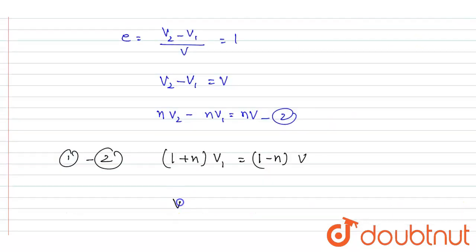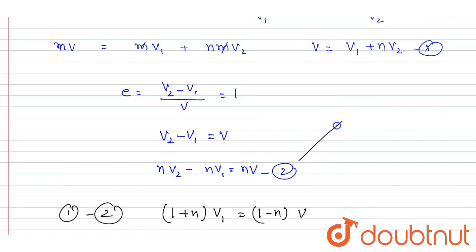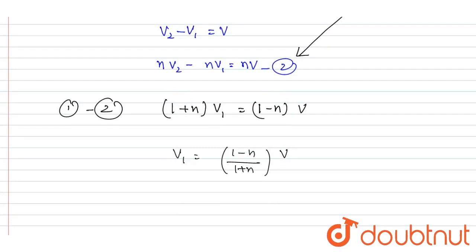From here we'll get v1 equal to (1 minus n) upon (1 plus n) times v, right? After solving these two equations, we get the final velocity of that neutron, which was initially moving with the velocity v.